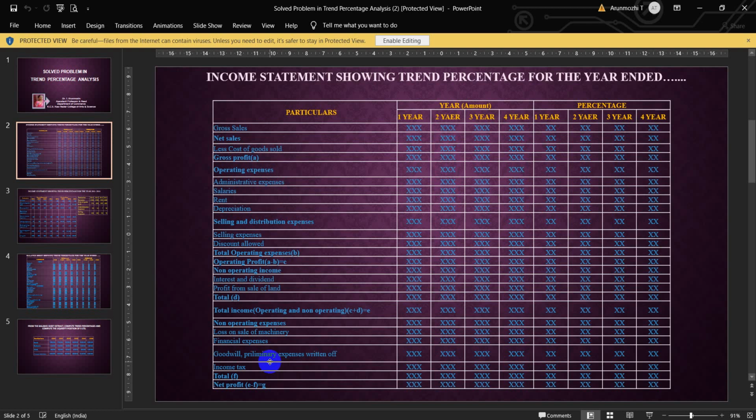So that comes to F. So total net profit E minus F is equal to G. This is the formula for how to proceed with the sum.